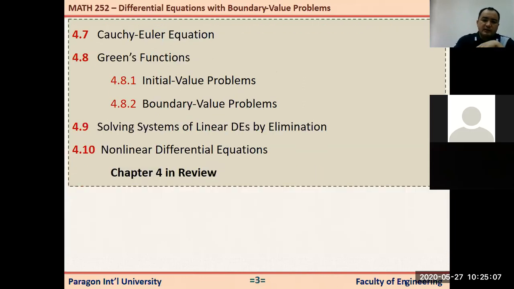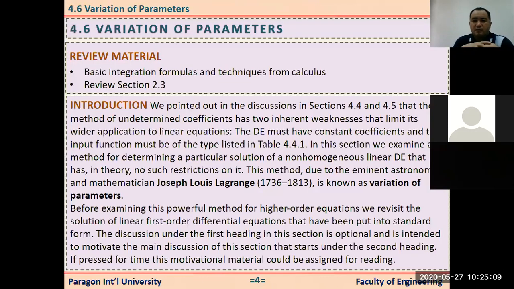But in that chapter we did not mention, how about if we have something like 1 over x or the natural logarithm of x, in general any kind of function of x? We didn't mention this, right?